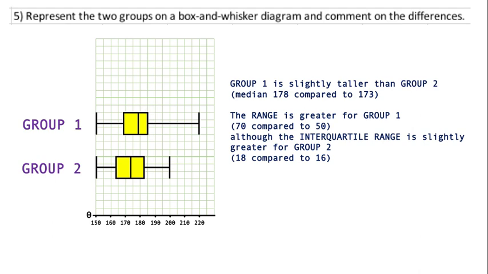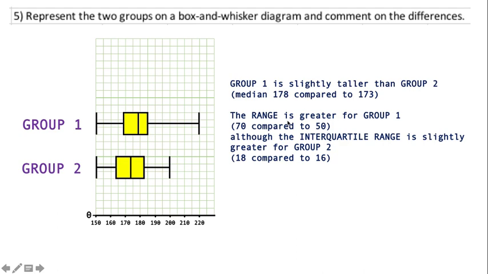So I've got 2 separate box and whiskers for the 2 groups, and then I've got the heights labelled on a scale. I should have put a label that said height in centimeters there, and that 0 shouldn't be there at all. That's just because I copy pasted it from the cumulative frequency curve.